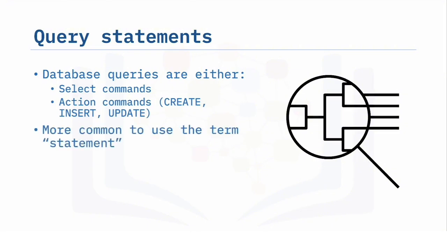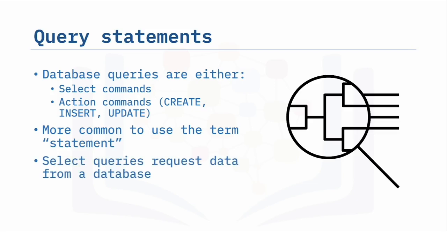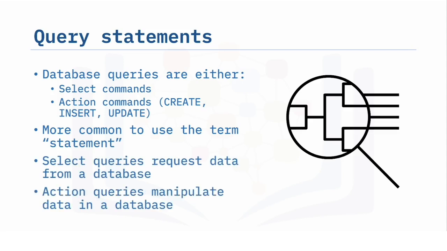The term statement is more commonly used to describe these commands. Select queries request data from a database, whereas action queries manipulate data in a database. Query statements can also be used to perform other administrative functions, such as creating users and modifying permissions.